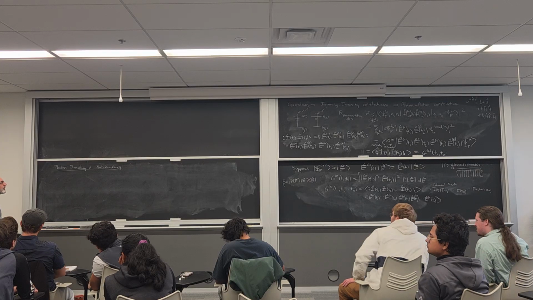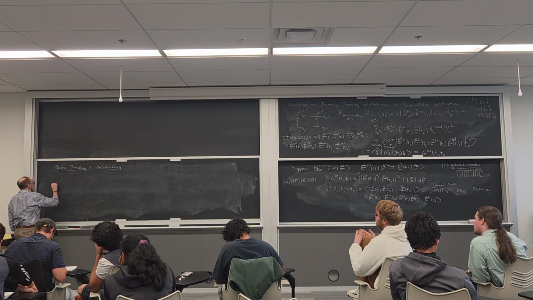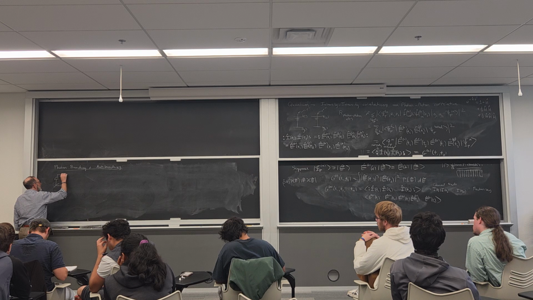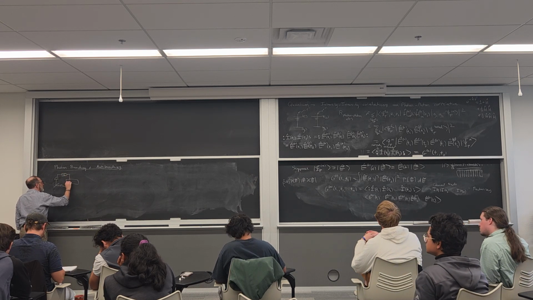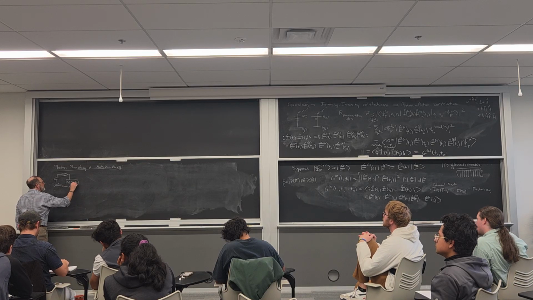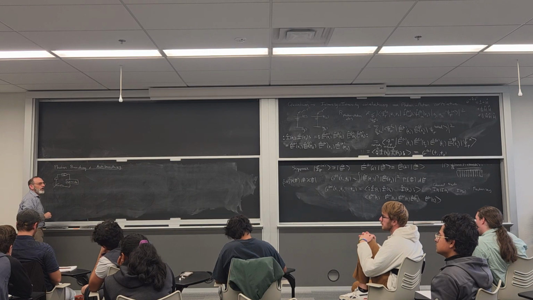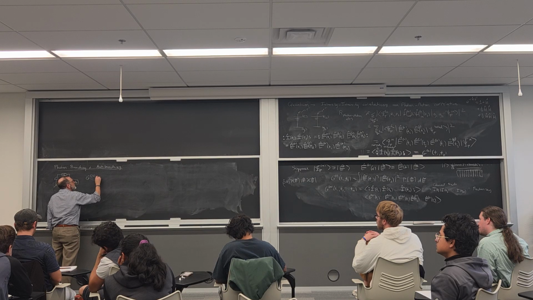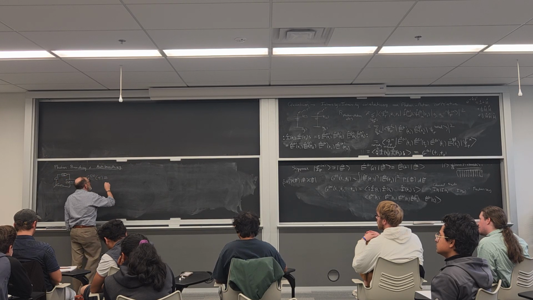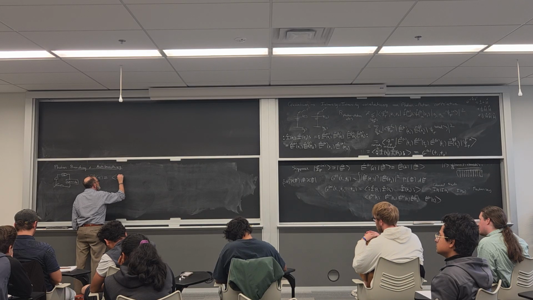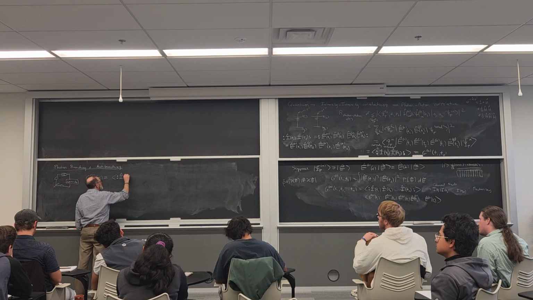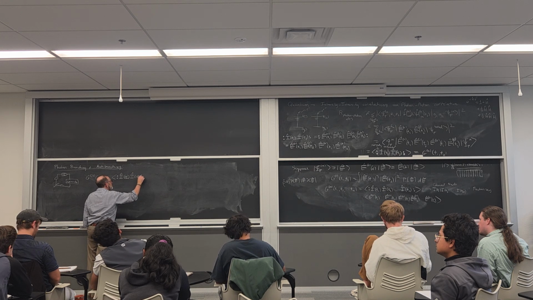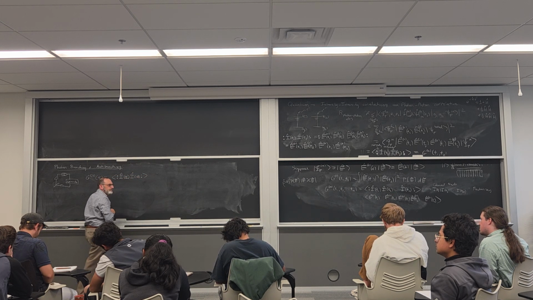Okay? So let's look at this experiment again, the Hanbury Brown-Twiss type experiment, with some time delay here, and some coincidence counter. So my G2 correlation function is that.